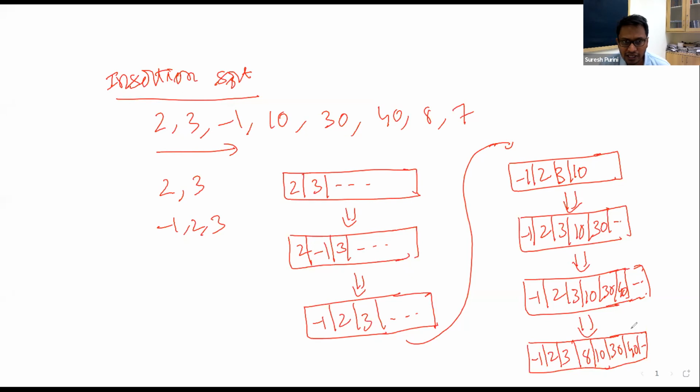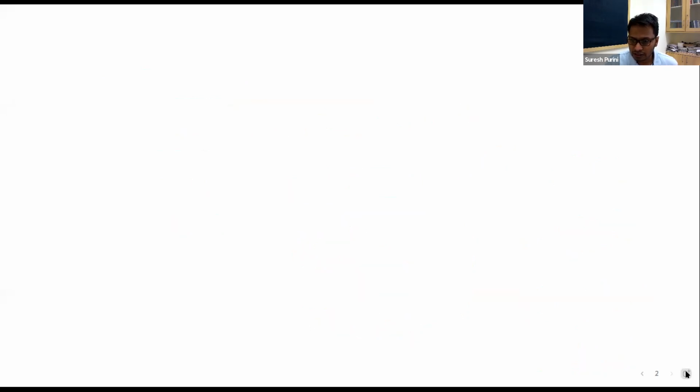What is the worst case for this one? When will this algorithm perform terribly? When we insert elements in descending order. So let's see here.